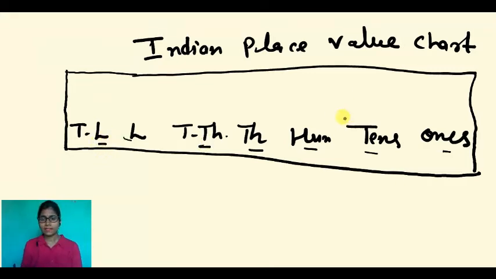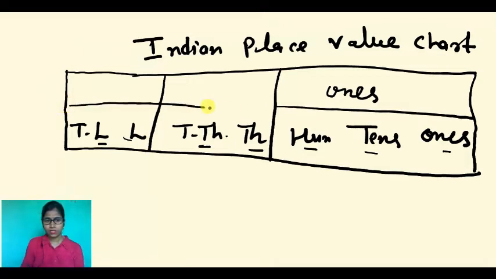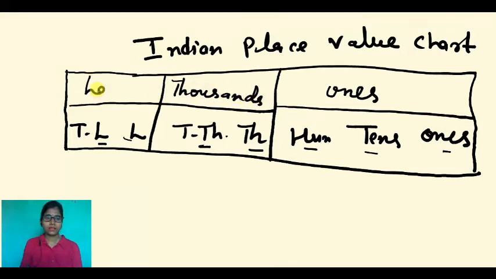The places are grouped together to form a period. These three places grouped together form one period, and that is called the ones period. The second period is the 1000 period, and the third period is the lakhs period.